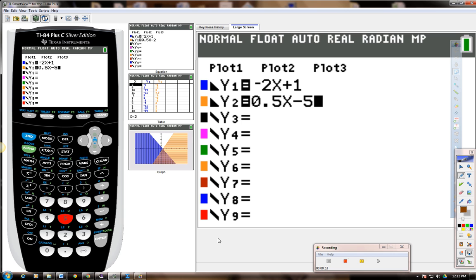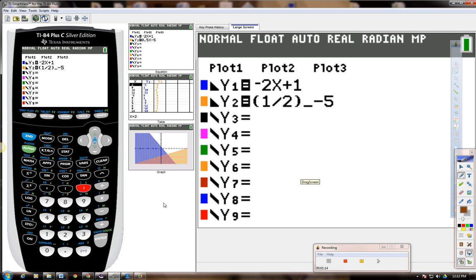And let's say I want to go back and change what's in there. Left parenthesis 1 divided by, oh, I'm out of room. What's the opposite of delete? Insert. Okay, so you hit second, delete, and I can put that in as a fraction.